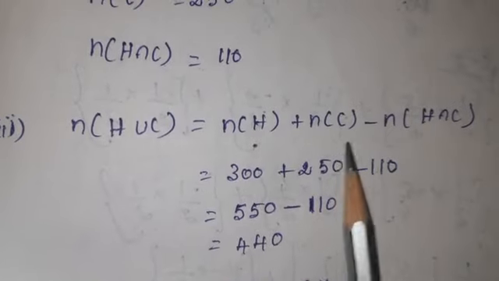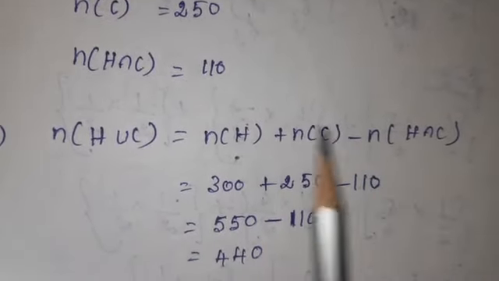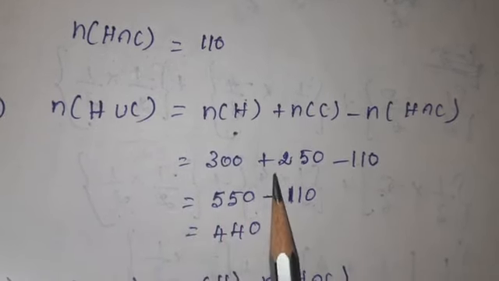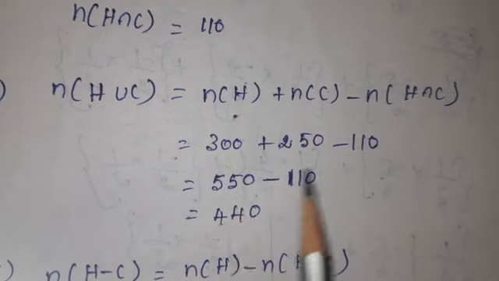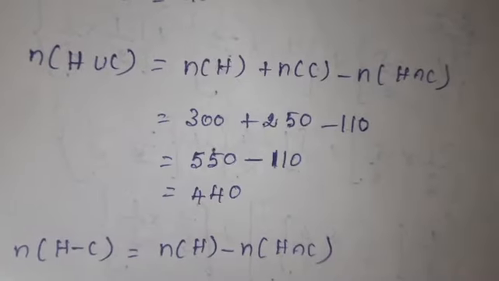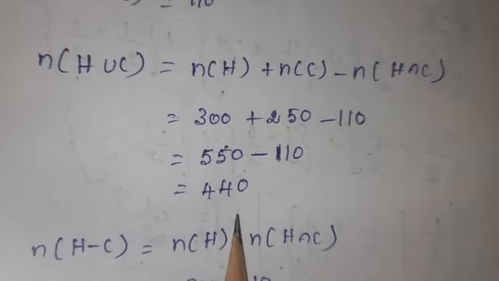Substitute here, plus n of C 250, minus n of H intersection C, it is 110. Simplify this one: 300 plus 250 is 550, minus 110. You will get 440, the total number of students in the school.